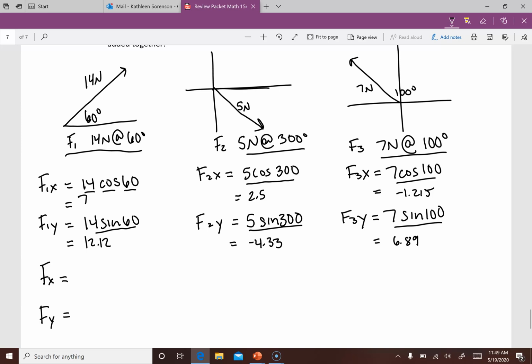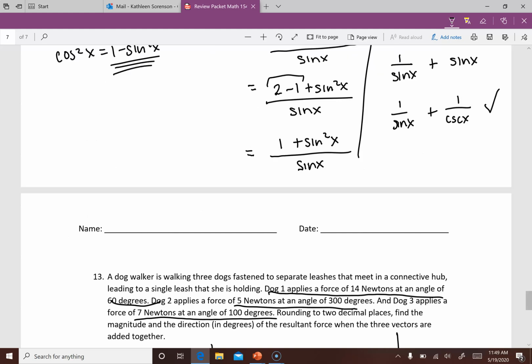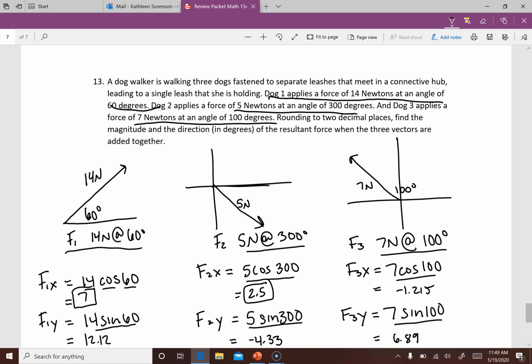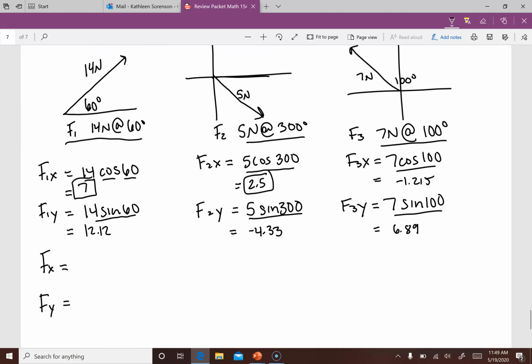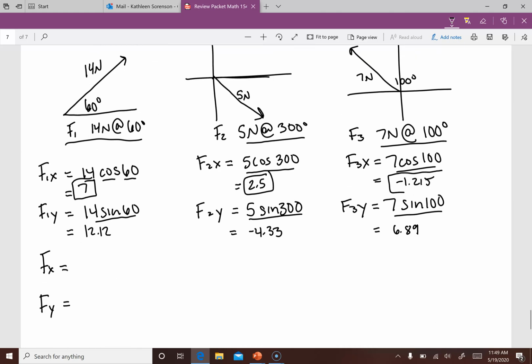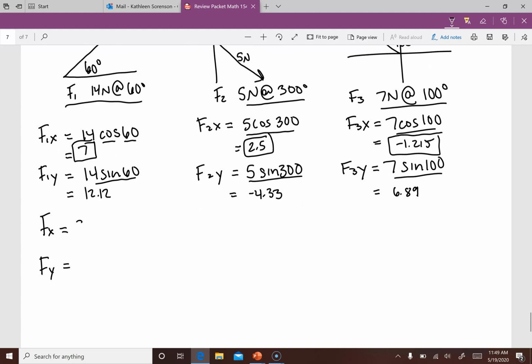And then to get my F sub x, or just my x force, I'm just going to add up 7 plus 2.5 minus 1.215. When I add all those up, I get an x component of 8.285.